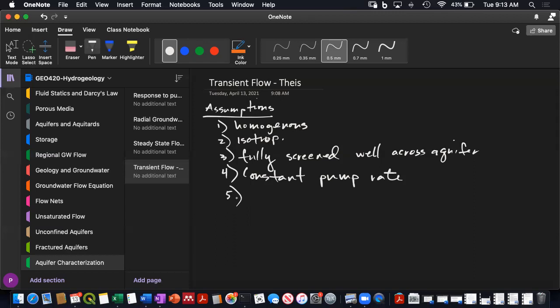There's no recharge from up above. The only place that water's coming out of is from storage from the aquifer. So all water from storage. And this implies no effect of recharge.